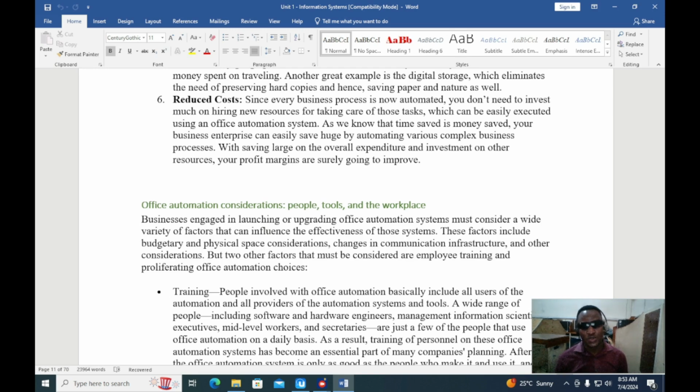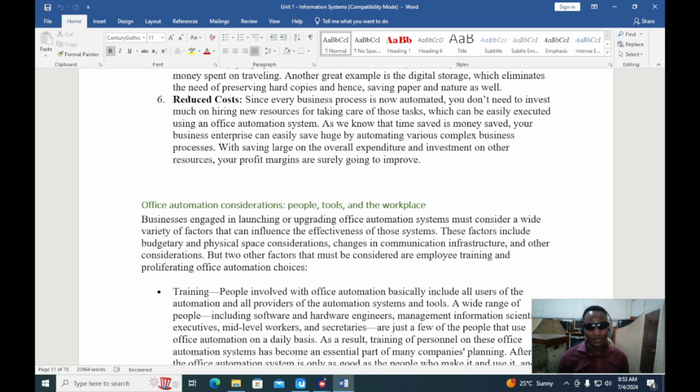So you don't need to invest much in hiring new resources, or executing some tasks that you can actually have automated and executed using an office automation system. So when we save time, we save money. Automation saves time, so basically it saves money.